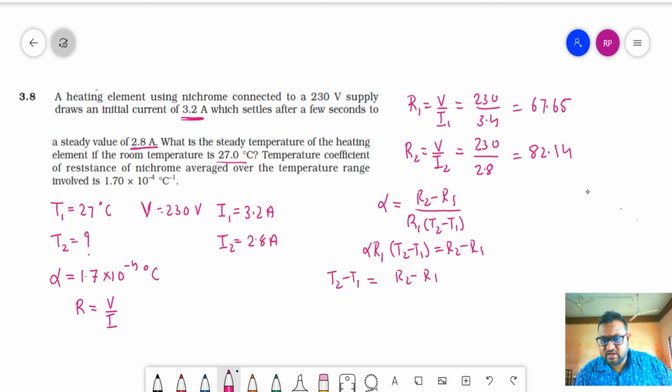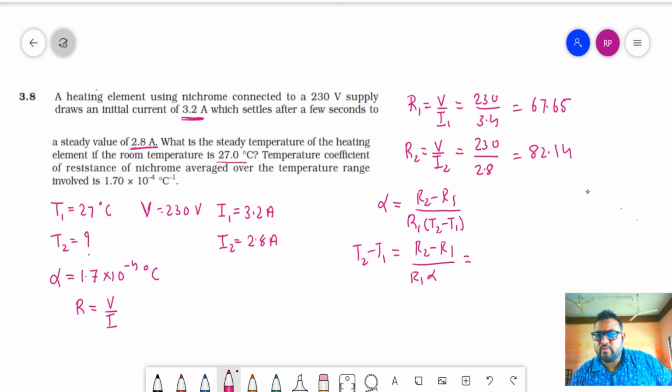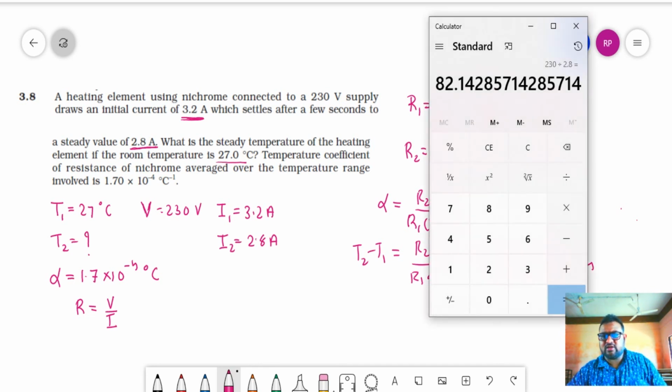T2 minus T1 equal to R2 minus R1 upon R1 into alpha. So R2 minus R1, 82.14 minus 67.65 upon R1, that is 67.65 into alpha 1.7 into 10 raised to minus 4. So let's calculate it.